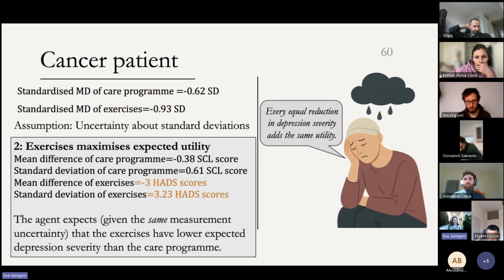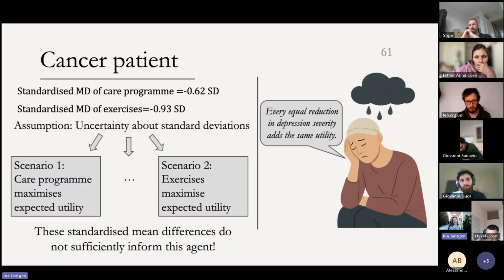So all that's changed between scenario 1 and 2 here are the mean difference and standard deviation of the exercise program, and keeping the same measurement uncertainty as before, the agent now thinks that the exercises have lower expected depression severity.